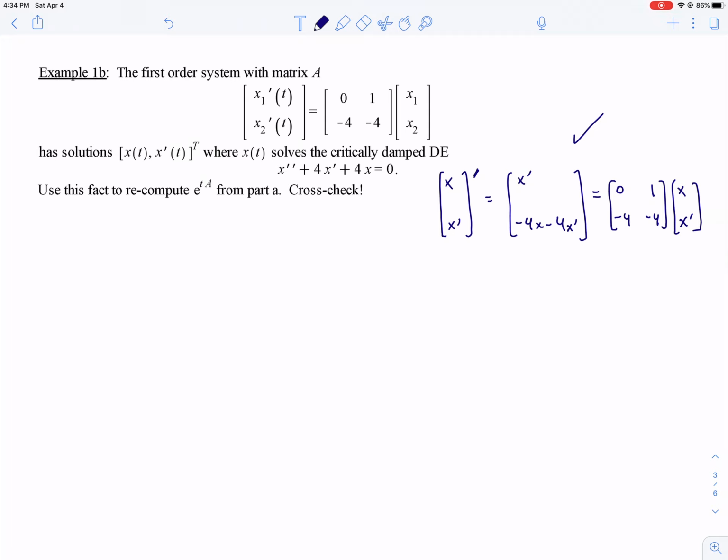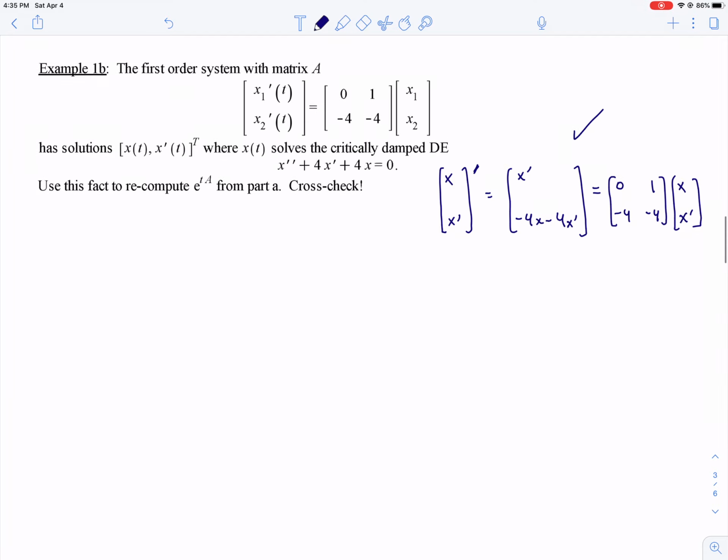Remember, one way that we talked about in the last lecture to compute e to the tA, if A came from a second order differential equation, was to solve initial value problems where the initial data was either 1, 0, or 0, 1 for the second order DE, and then those were the columns of e to the tA.